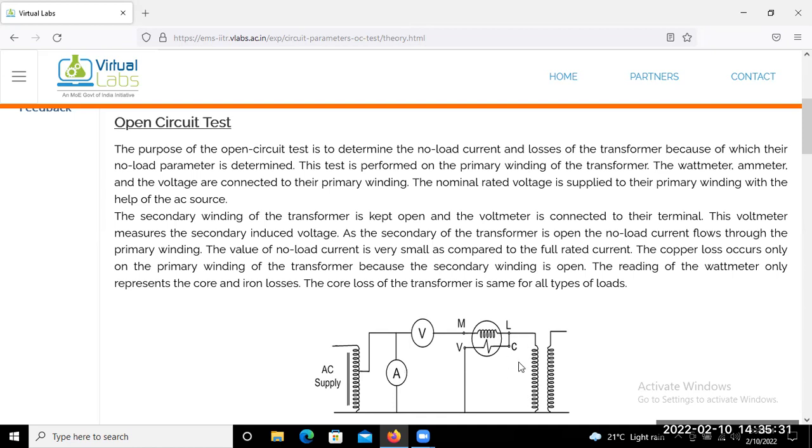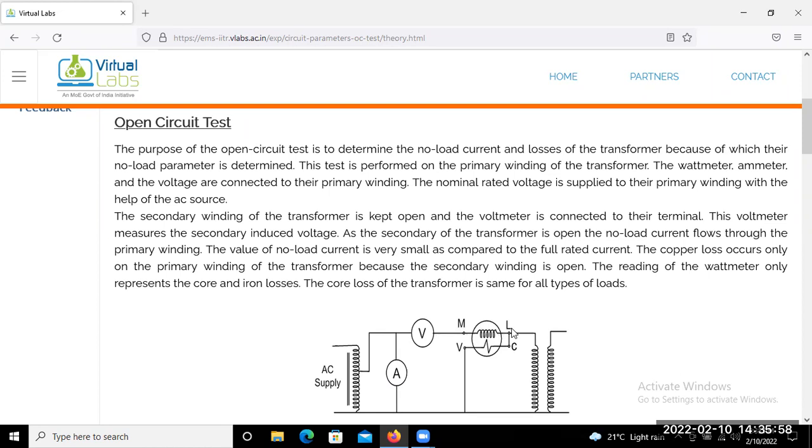Then when the voltmeter indicates the rated voltage of the LV coil, you stop the movement of this moving point of the single phase auto transformer. At that instant, you note down all the instrument readings, that means voltmeter, ammeter, and wattmeter. Okay. So this is all about the open circuit test.